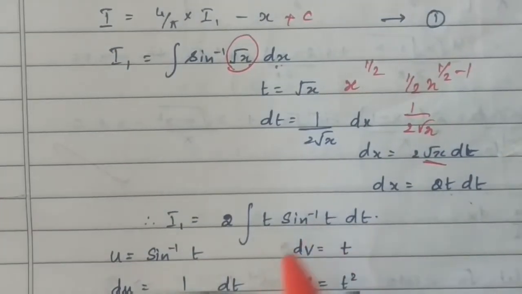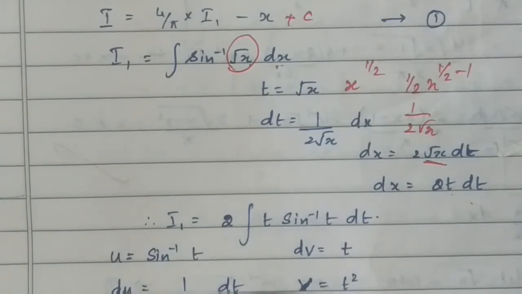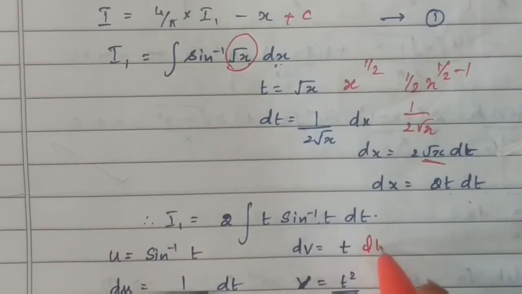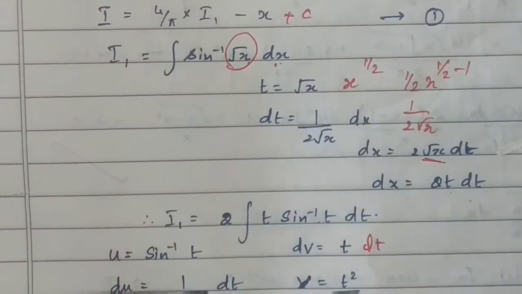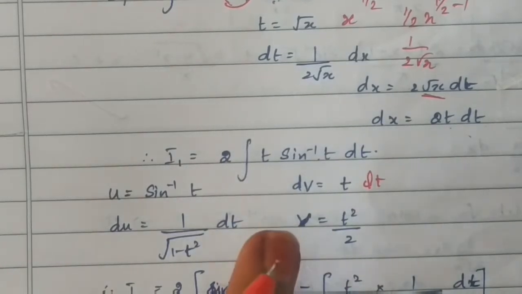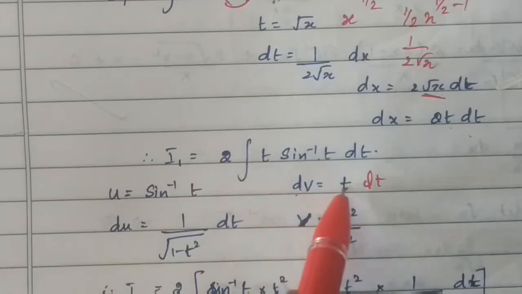Now whenever it is in product, you can apply integration by parts, that is uv minus integral v du. Here the inverse function is u, and the remaining function is dv. When you differentiate sin inverse of t, you will get 1 by root of 1 minus t square into dt. Now to find the value of v, you need to integrate.